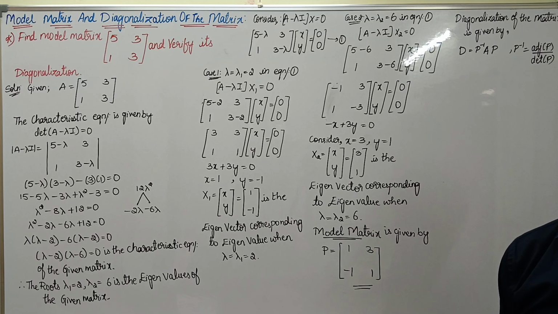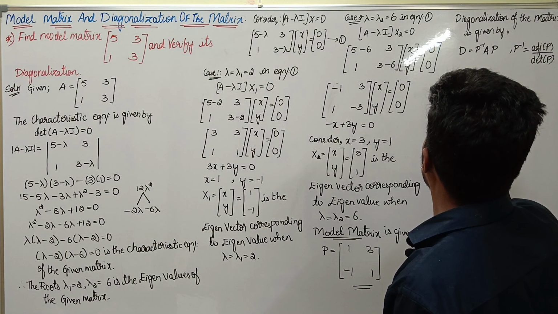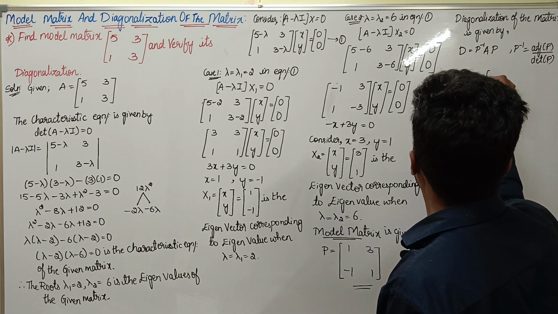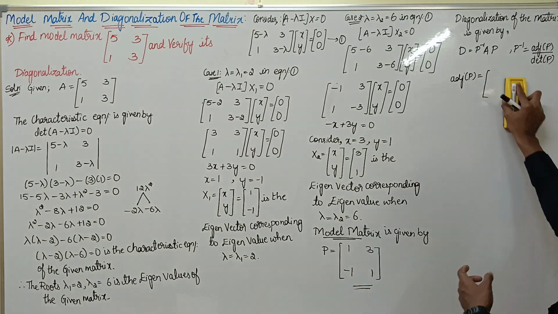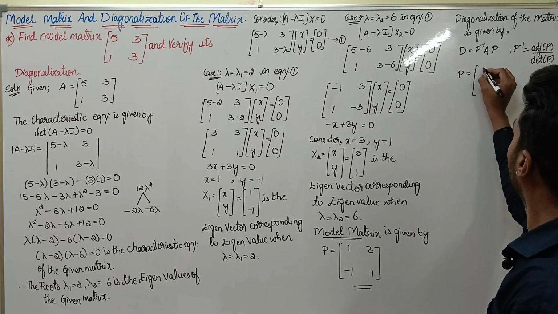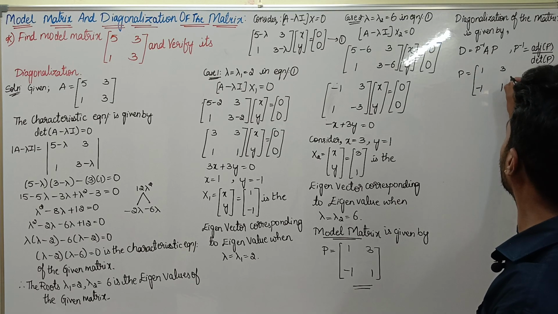Okay, first let us find the adjoint of P. It is very easy. Consider P. First let us represent P. First P, which is equal to [1 3; minus 1 1].